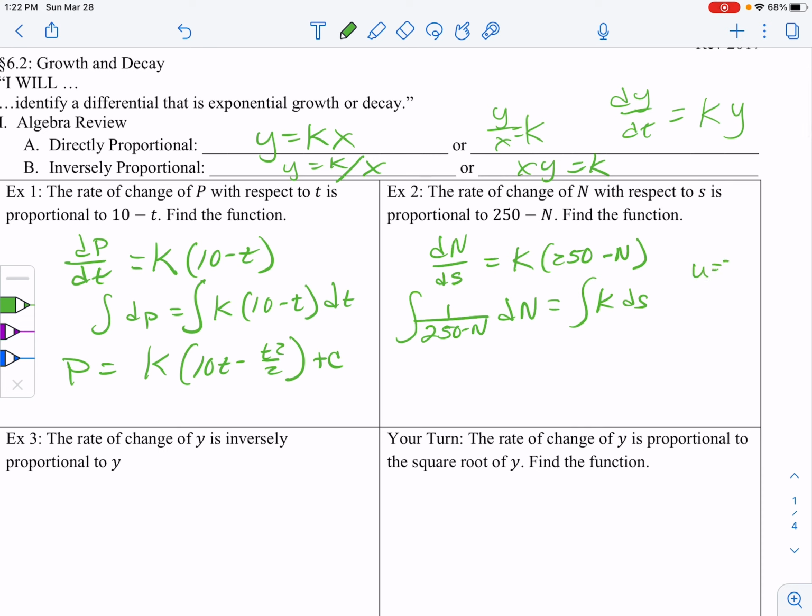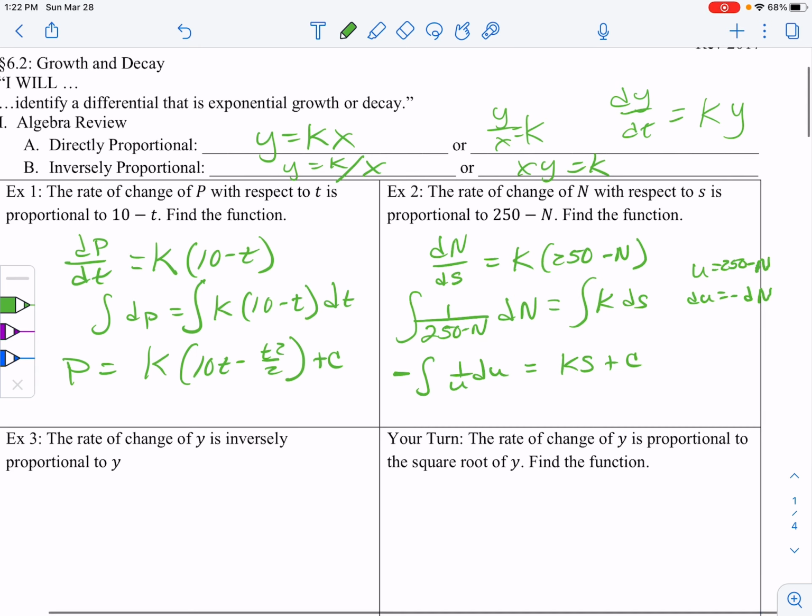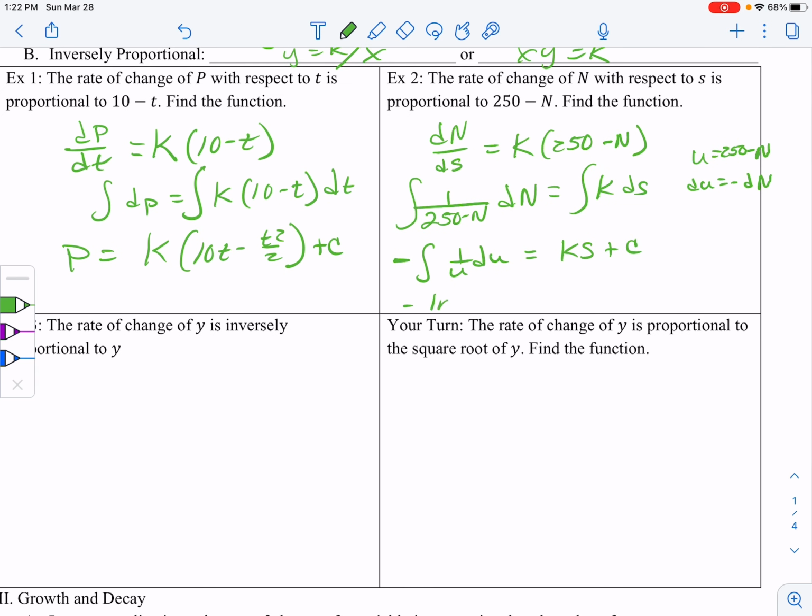U is equal to 250 minus n, so du equals negative dn. With a negative out front, 1 over u du equals ks plus c. This is negative natural log of 250 minus n.